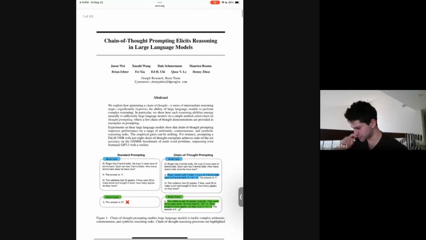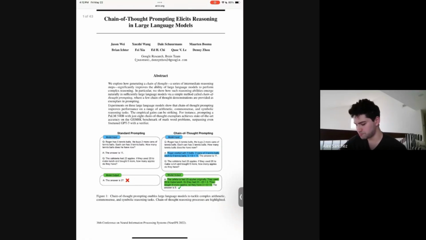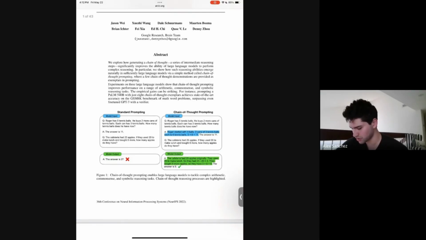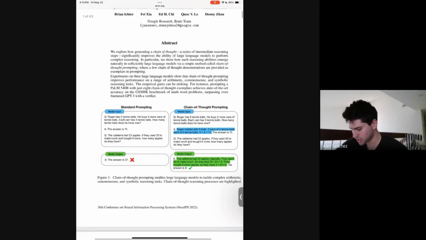Chain of thought prompting is basically when you prompt the LLM to take a step-by-step approach to solving a problem. You see an example right here with standard prompting. When you input the question, which is all of this, you just get the answer is 11.